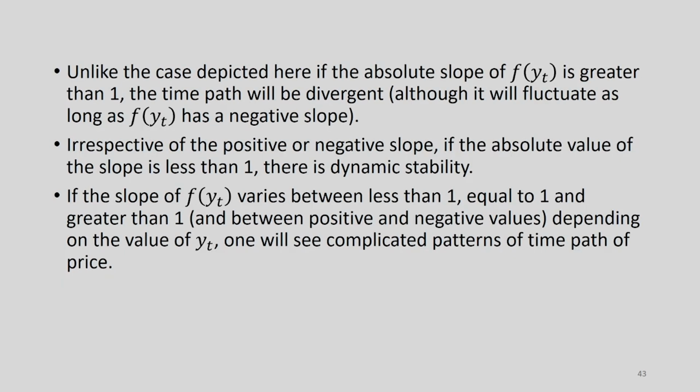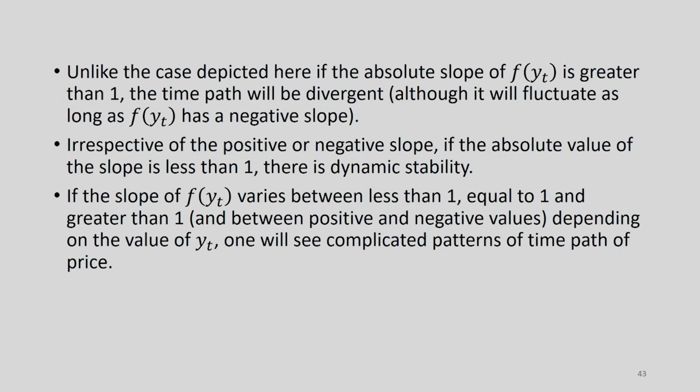Unlike the case depicted here, if the absolute slope of f of yt is greater than 1, then the time path will be divergent, right, although it will fluctuate as long as f of yt has a negative slope.